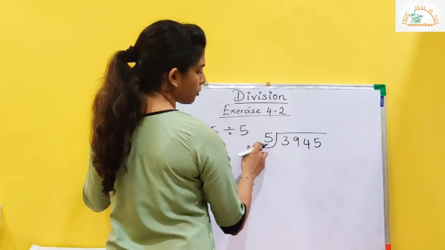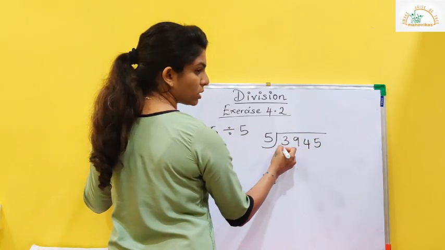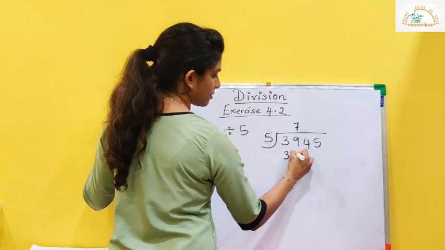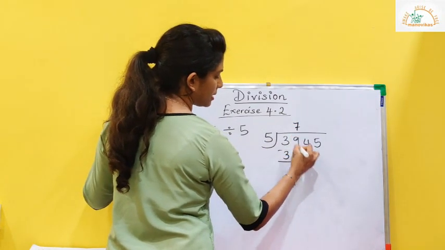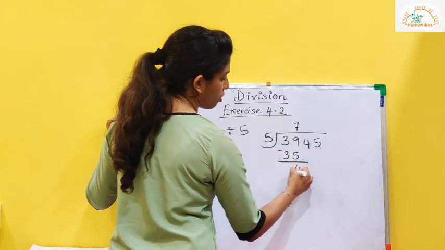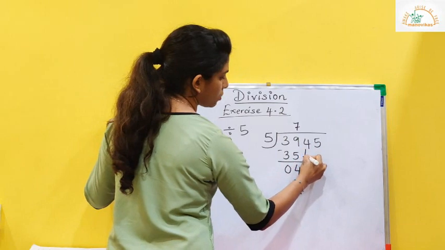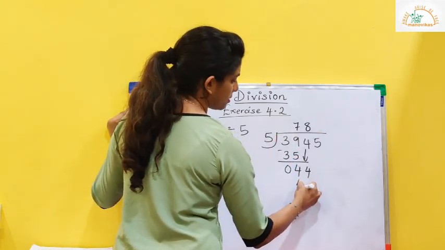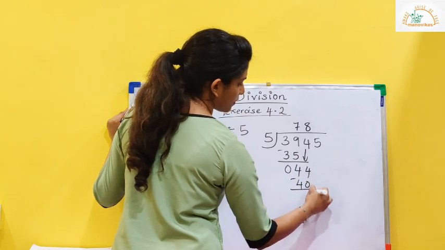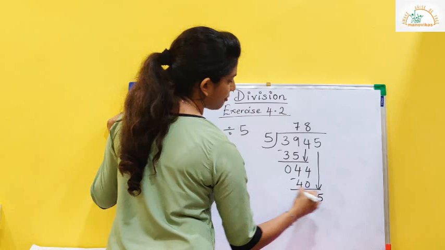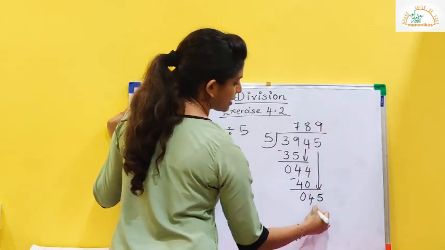So here 3 is smaller than 5, so we have to look at these 2 digits, that is 39. So 5 sevens is 35. 39 minus 35 gives me 4. Bring down 4. 5 eights are 40. Bring down 5. 5 nines are 45.